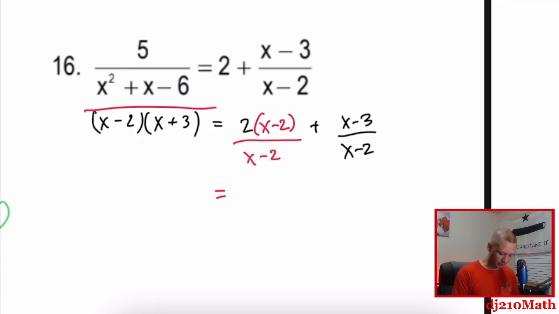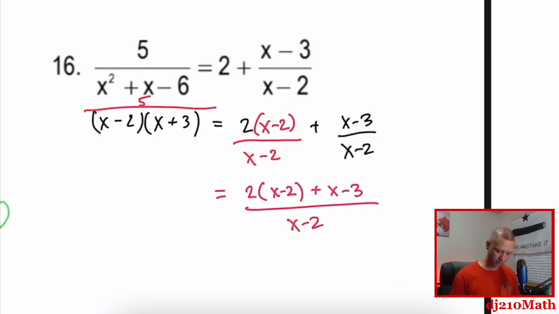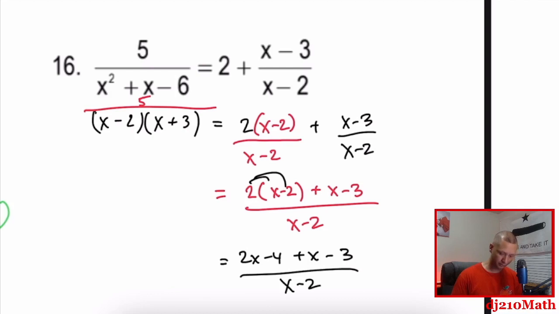Right-hand side: x minus 2 plus x minus 3 over x minus 2. We combine it into one denominator. Distributing, we're going to get 2x minus 4 plus x minus 3 over x minus 2.